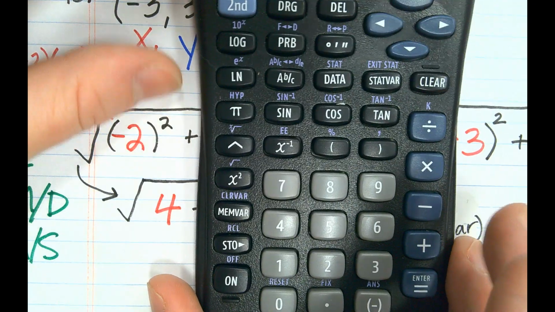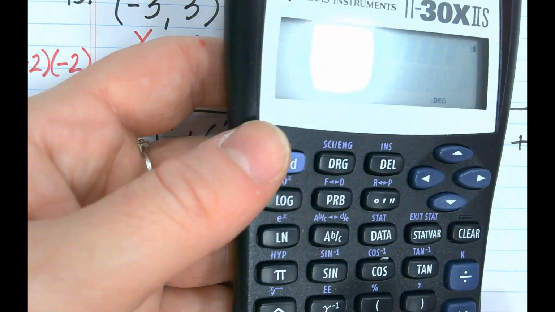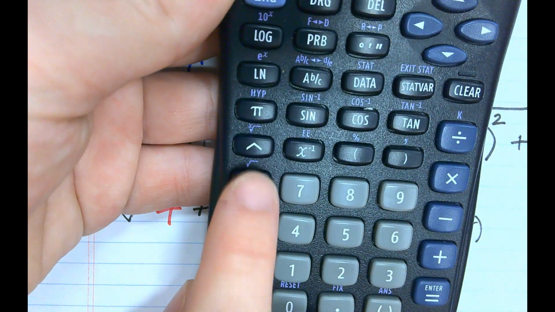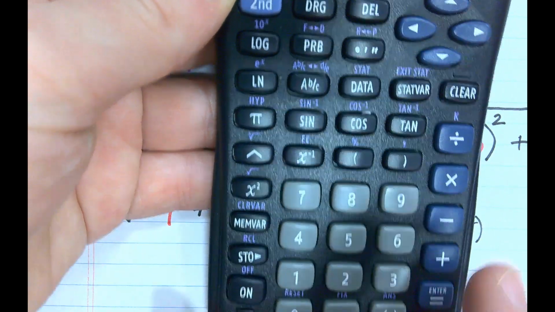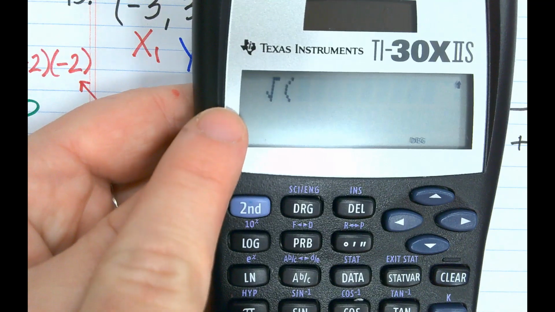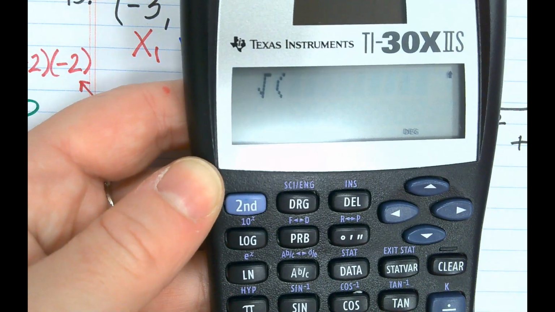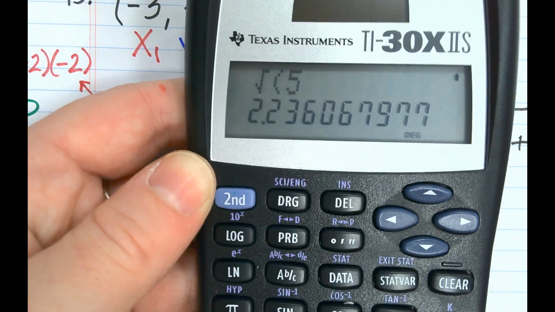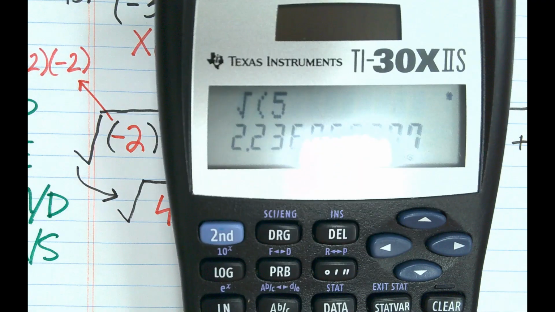So what you're going to do is hit the second button on your calculator, the blue second button, and then hit this x squared right here. And that's going to give you a square root sign. Then you just got to type in your number. In this case, it's 5, and hit equals. And that's going to be your answer.